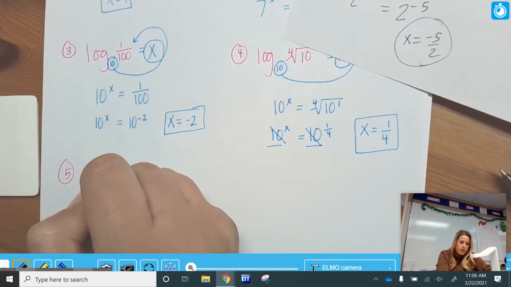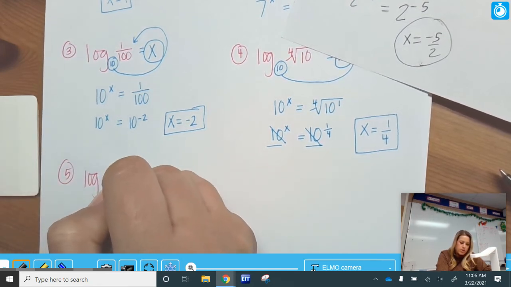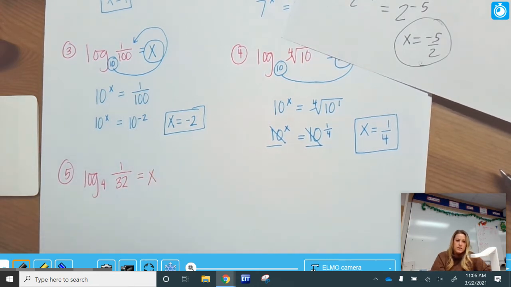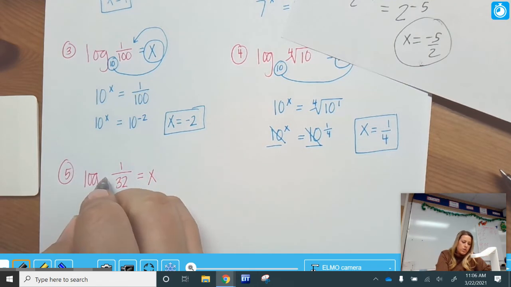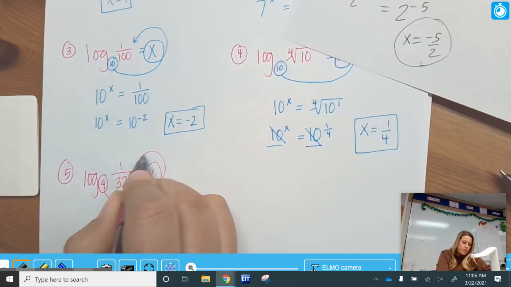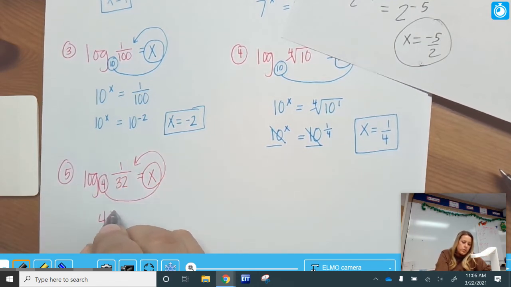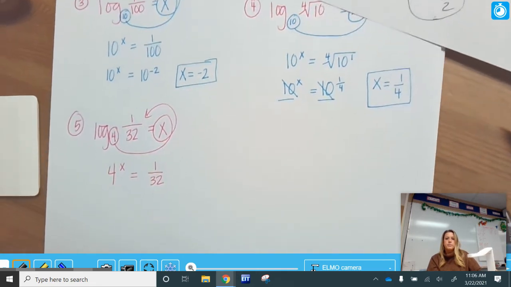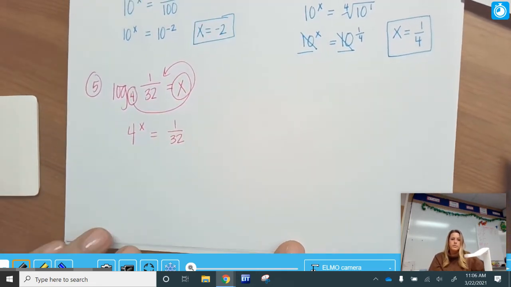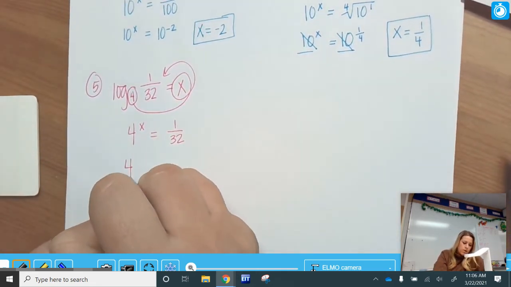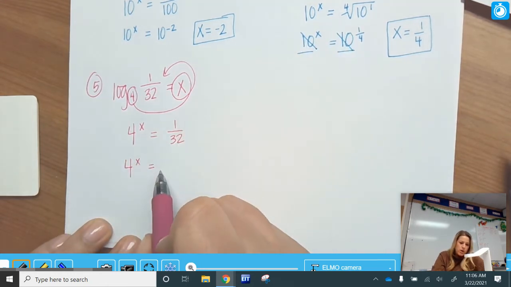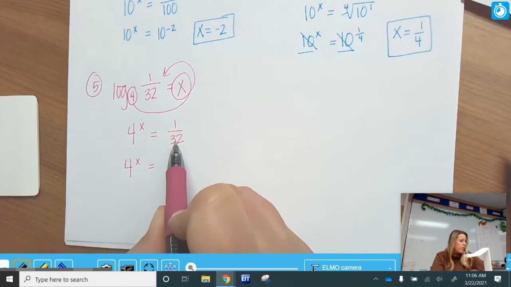Log base 4 of 1 over 32. Now we're going to set it equal to x. We're going to do around the world. 4 to what power equals 1 over 32? Now, I don't know if this is going to be a 4.